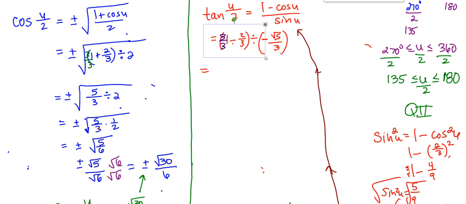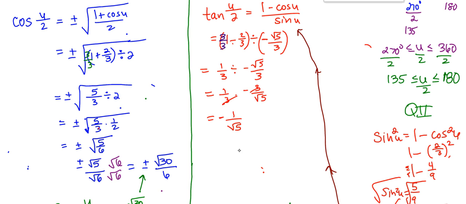So 3 minus 2 is 1/3, divided by negative square root of 5 over 3. All right, flip: negative 3 over square root of 5, and the 3s cancel. 1 on top, square root of 5 on the bottom, and it's negative. And when you rationalize that, you get negative square root of 5 over 5.